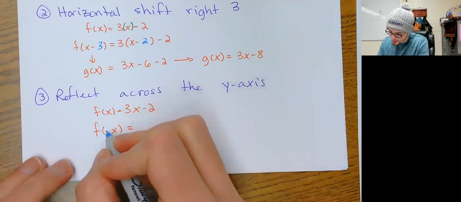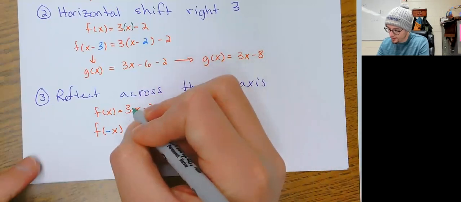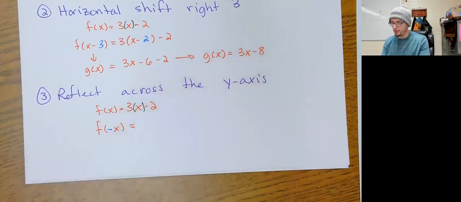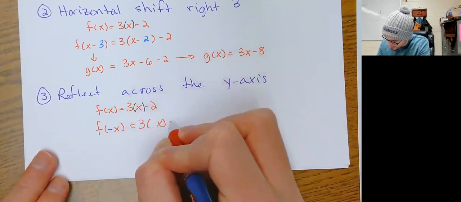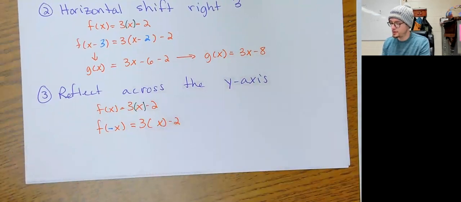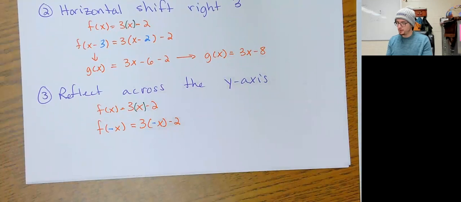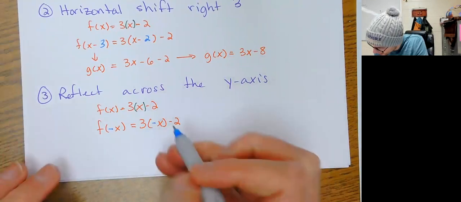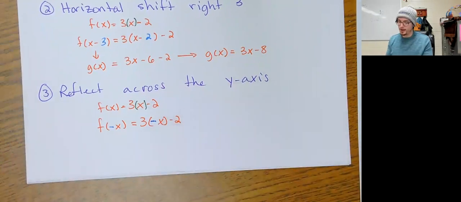I don't have parentheses around the variable, so I need to put parentheses around the variable like I did in the last problem. So I'm going to have 3 parentheses minus 2, and I am also multiplying this variable by a negative.